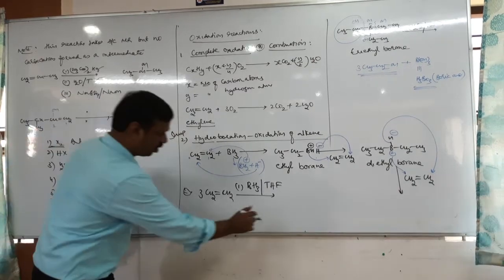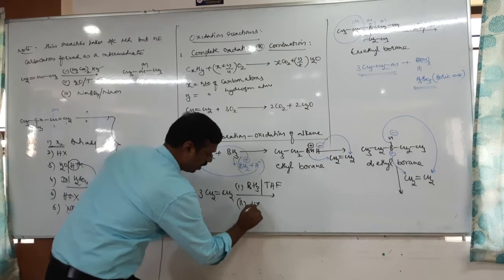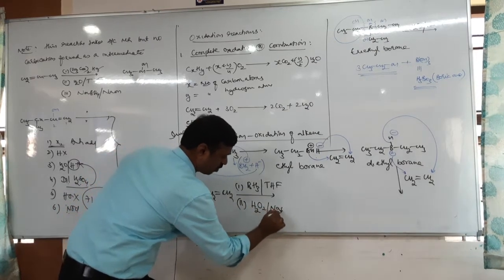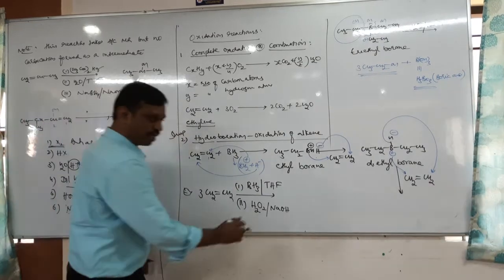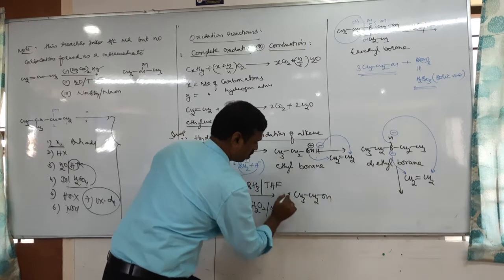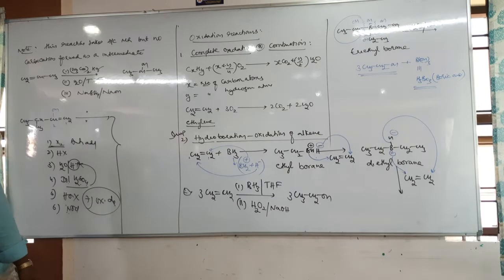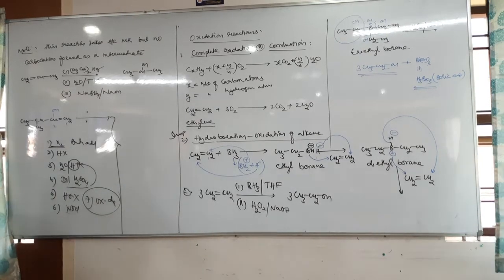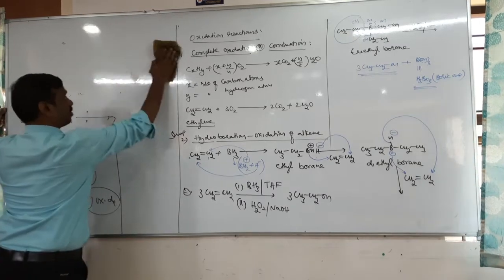Next, the second reagent is oxidation, H2O2 in the presence of NaOH. The product is what? CH3, 3 moles of ethyl alcohol.